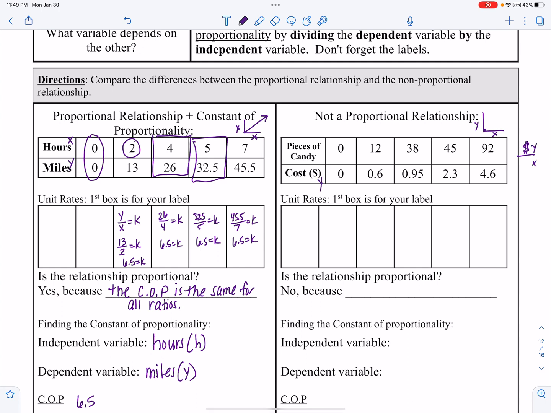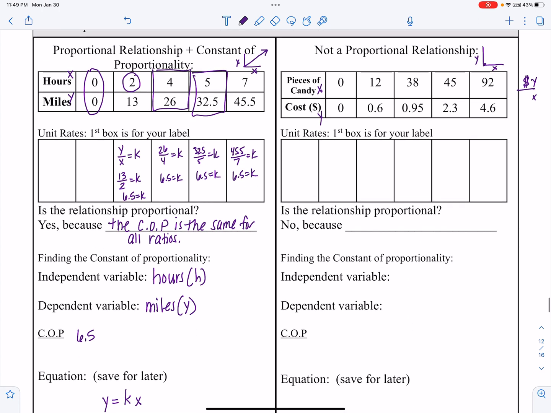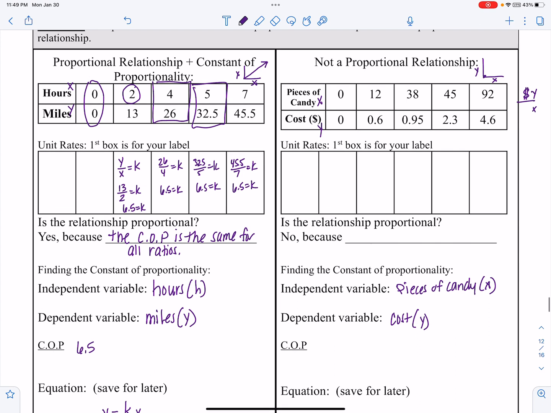So here's my y, here's my x. We can go ahead and label that. So that means my independent is pieces of candy. Okay, that's going to be my x. And I know my dependent is cost, and that is my y.